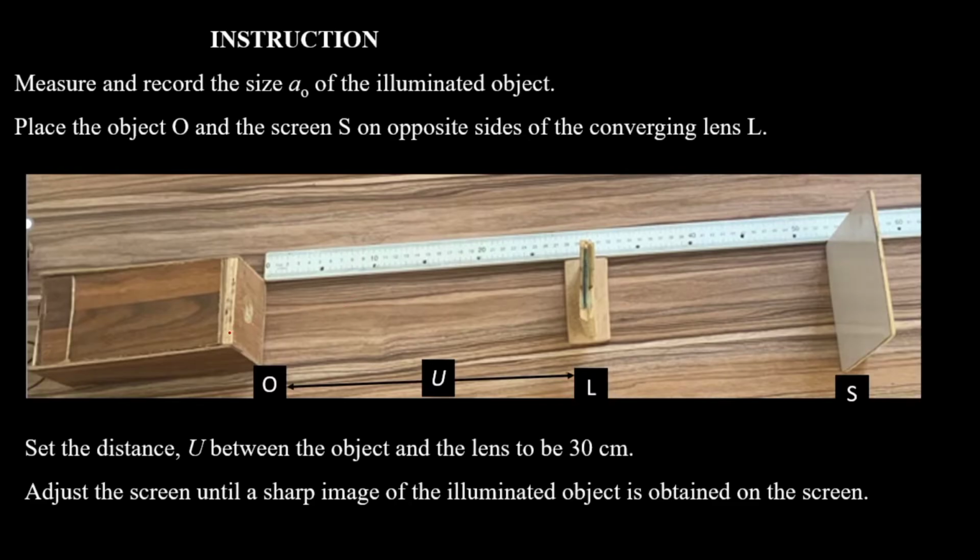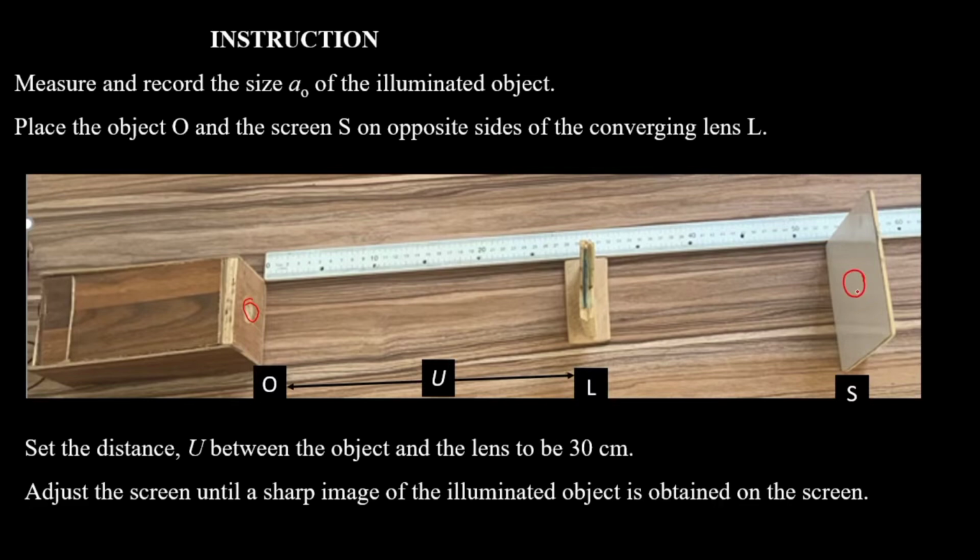What does that mean? When we connect the bulb here to a power supply, it will incident light on the object. Don't forget, we said the objects are threads, alright? Metallic threads that can be seen through the hole here. Okay, now that light will be focused on the screen by the converging lens.